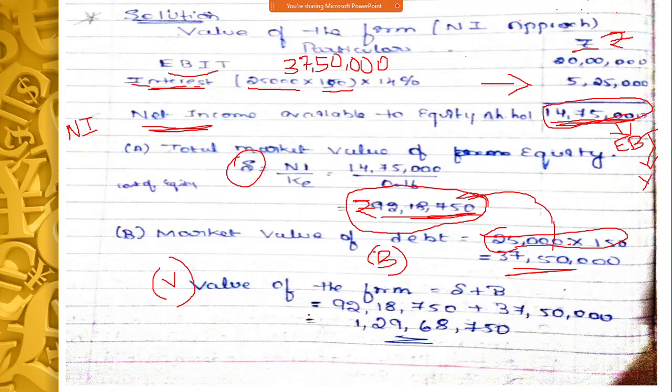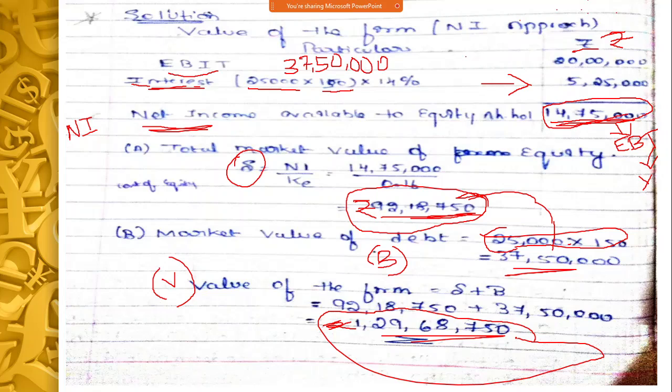So, we will get the total market value of the company to be 1 crore 29 lakh 68,750. Now, this is the value of the company as of this day. Now, what we should always remember is the value of the debt is going to remain fixed, and the value of equity, because it is traded in the market, is going to change. Either it appreciates or it depreciates.